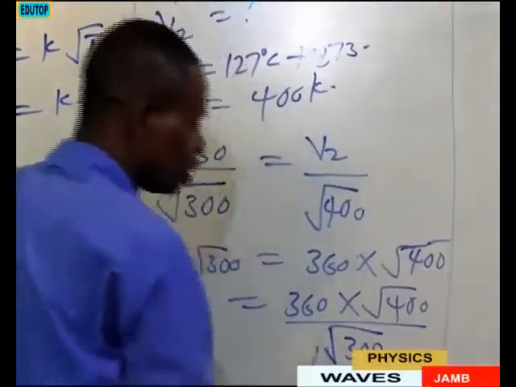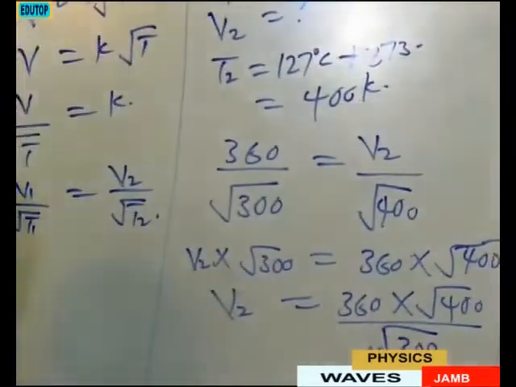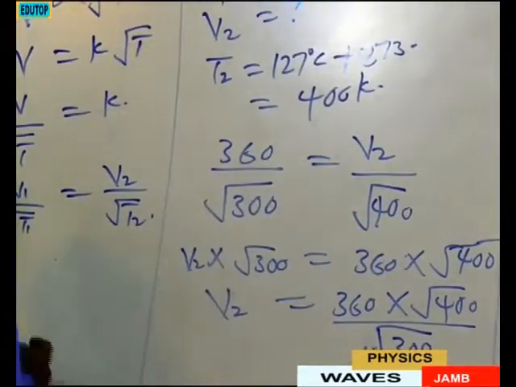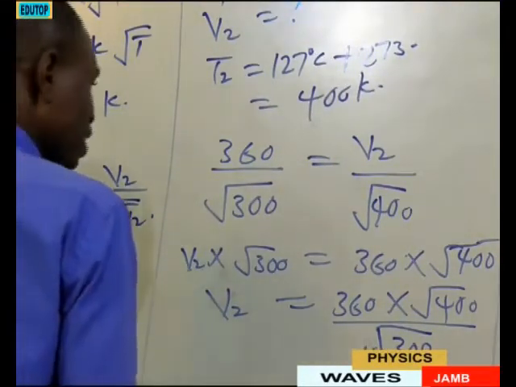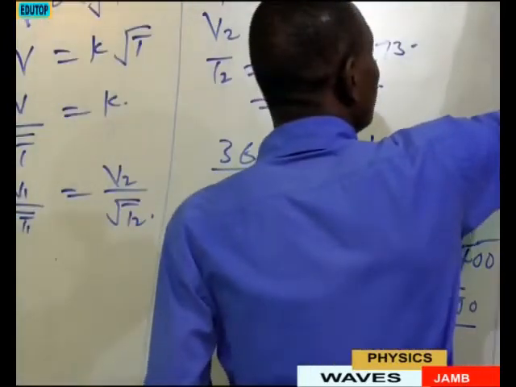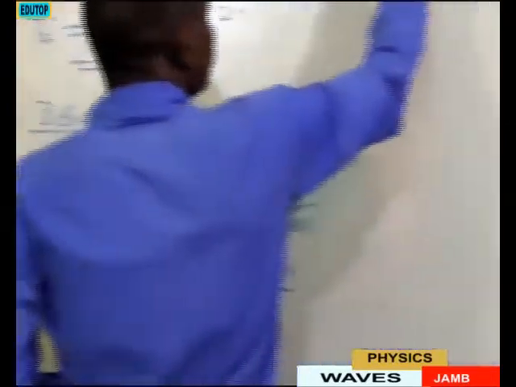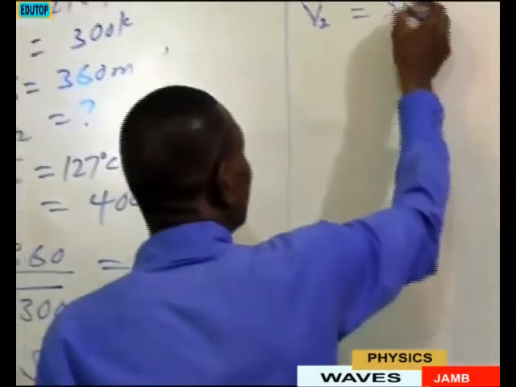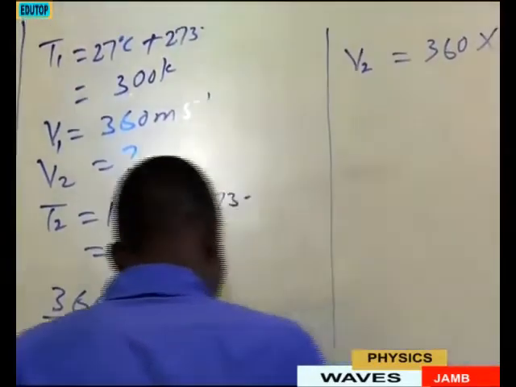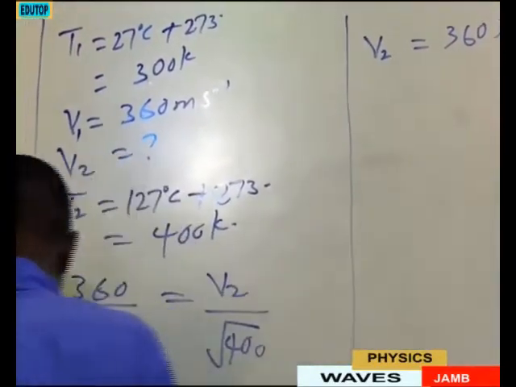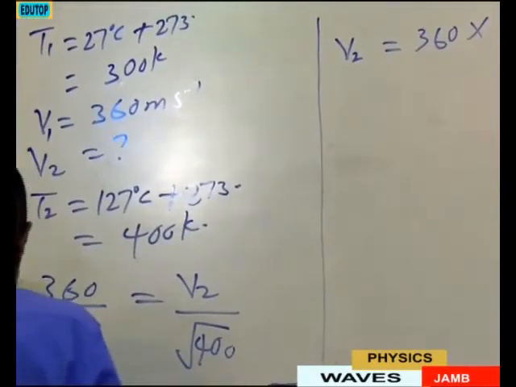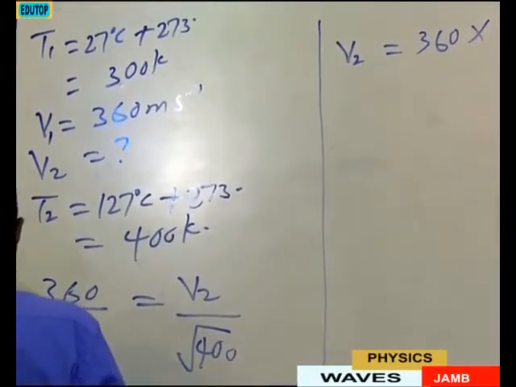Since you can use your mathematical instrument straight away, you can easily find the value. V2 is equal to 360 times the square root of 400.